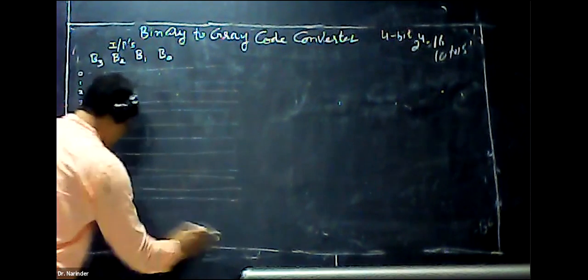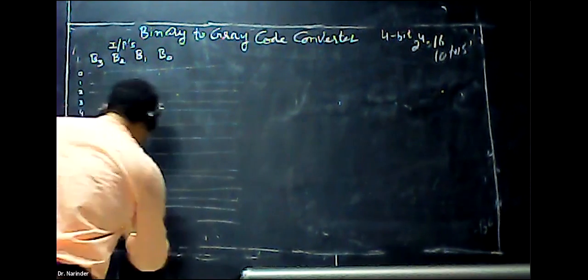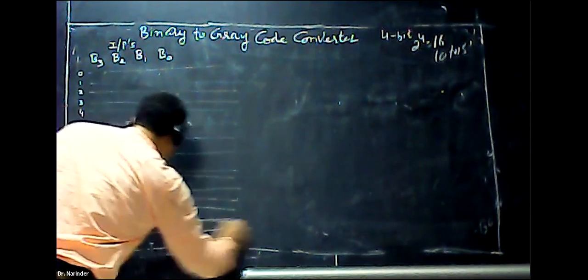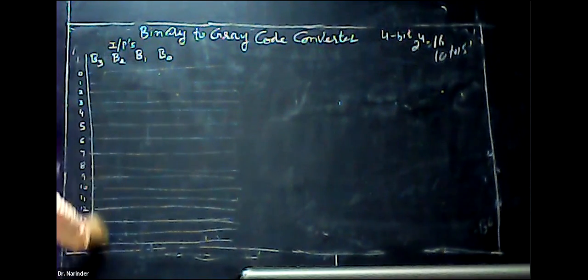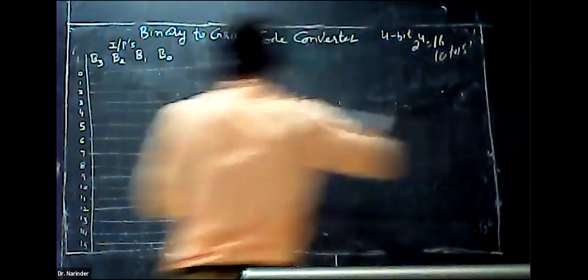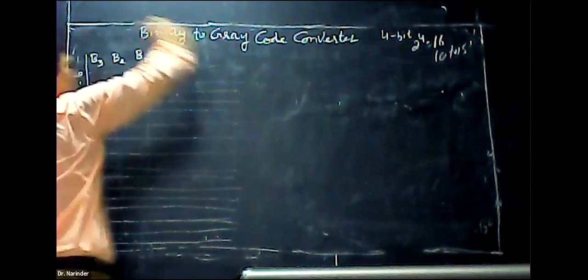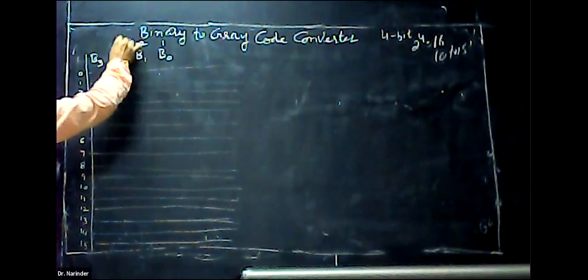Or we can use the weighted method, which we have discussed a number of times. By using that method, we can fill up these values. Here you have to add the weights as 1, 2, 4, 8.